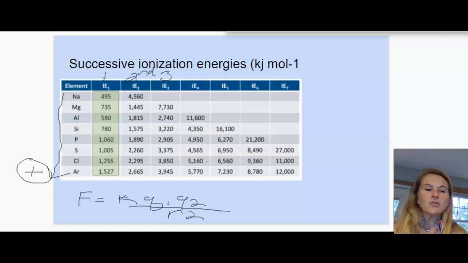And if we're increasing the top number, then our electric force is going to be higher. If we increase the distance, meaning that the electron is further away from the nucleus, then of course F is going to be smaller. So the further away an electron is from the nucleus, the less force there's going to be.